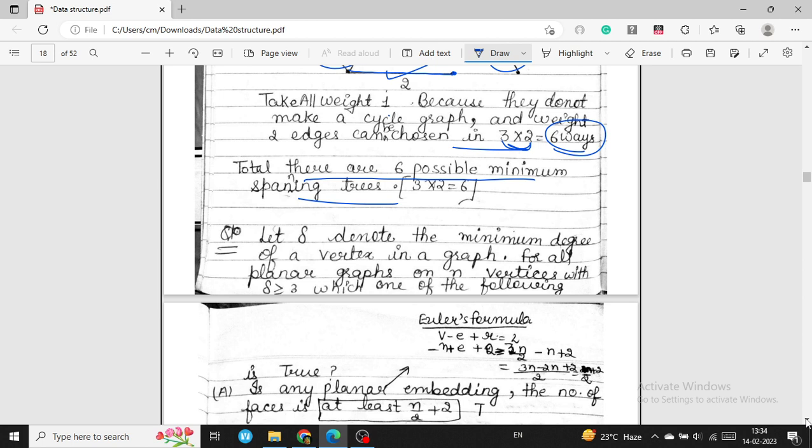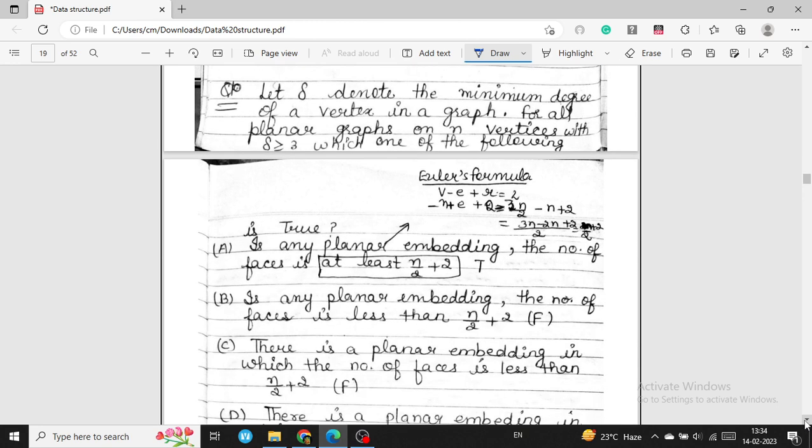In the next question, let delta denote the minimum degree of a vertex in a graph. For all planar graphs on n vertices with delta greater than or equal to 3, which one of the following is true? The first statement is: in any planar embedding the number of faces is at least n by 2 plus 2.